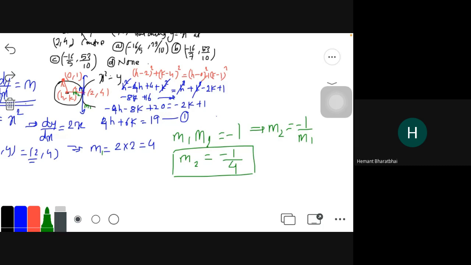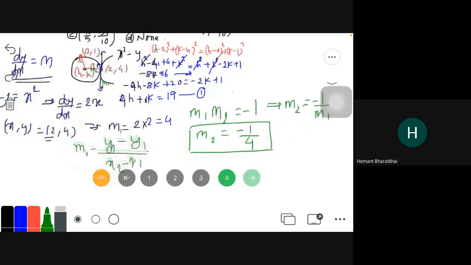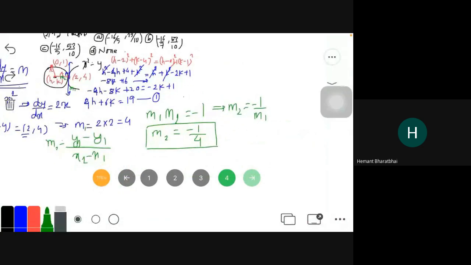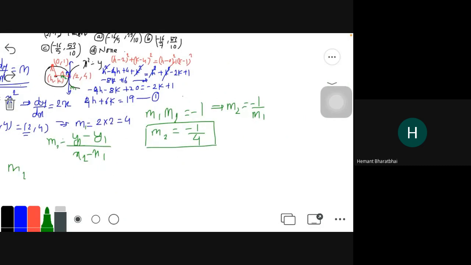Okay. So we know the slope is also given as, in the lower standards which we have seen, y2 minus y1 upon x2 minus x1. So I can write m2 as y2, meaning k, minus the y coordinate of this point 2 comma 4, upon h minus the x coordinate.